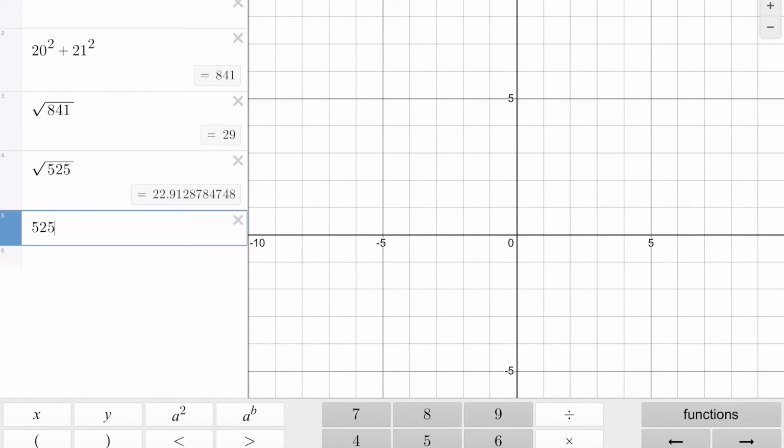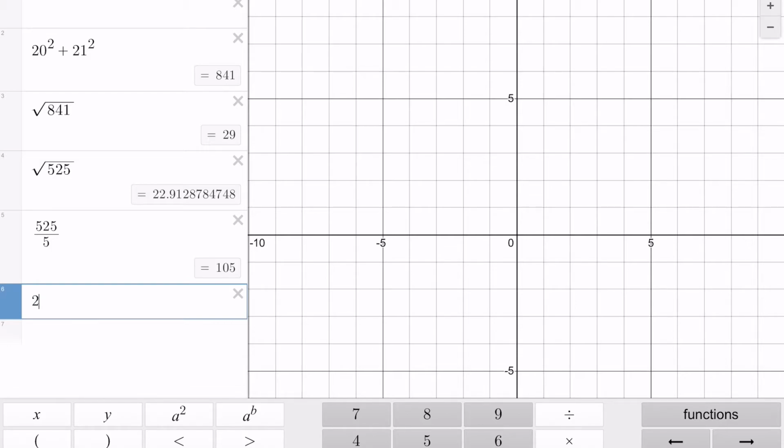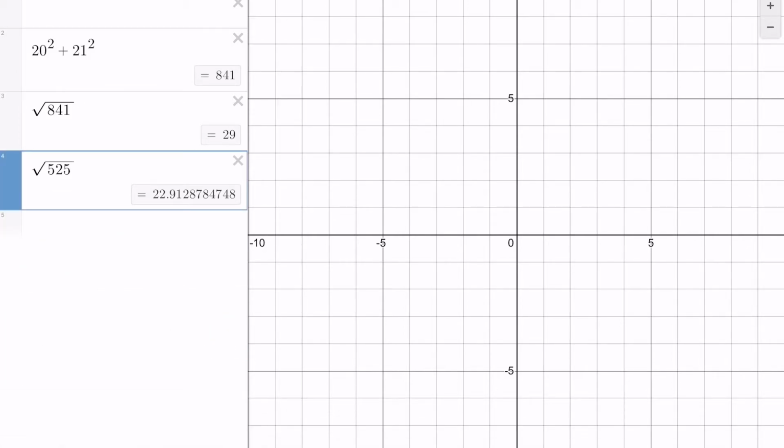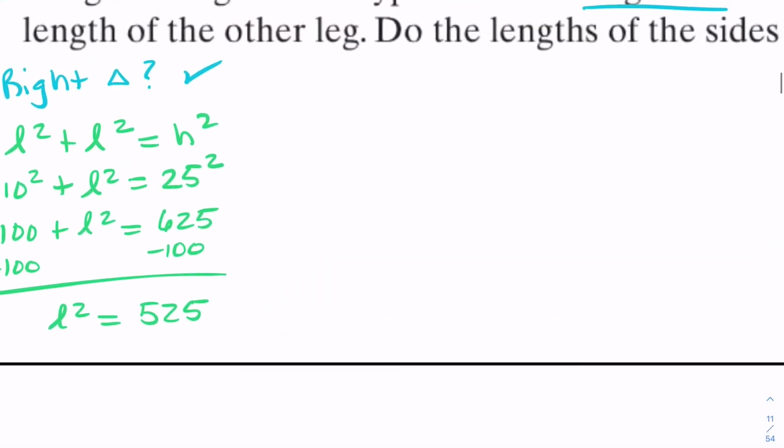So 525, I think it's divisible by 5. And then is 105 divisible by 5, right? So I'm going to look for factors here, which I think it is, 21. So why don't I try to take 525 and divide it by 25 instead, and I get 21. So that's exactly what I'm going to do here.